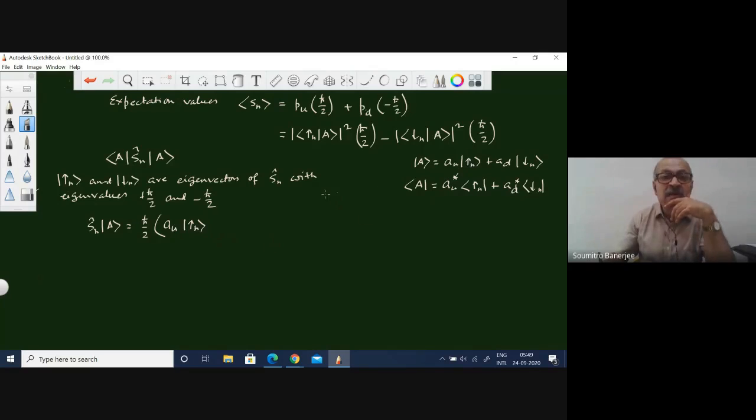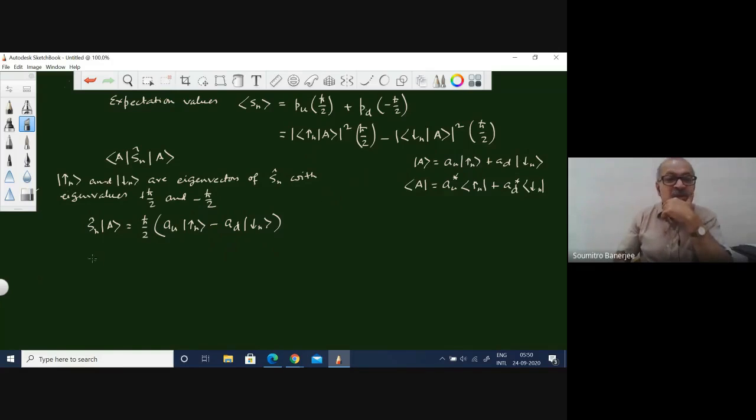So if you have Au here, Sn applied on the up ket will give plus h cross by 2, which has come forward. Sn applied on the down ket will give minus h cross by 2, so it will be minus Ad down n. Okay, is the logic clear? So we are applying this on this state. So there are two parts. This will give an eigenvalue which is h cross by 2. This will give another eigenvalue which is minus h cross by 2. So this will be written like this.